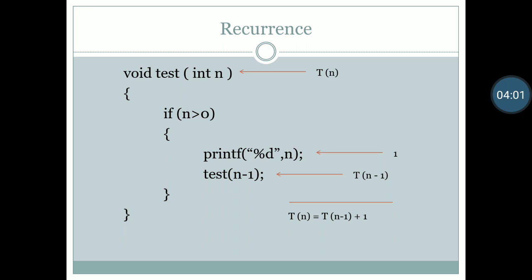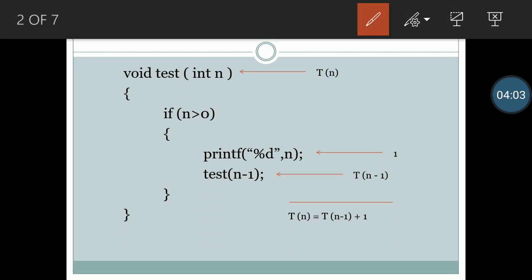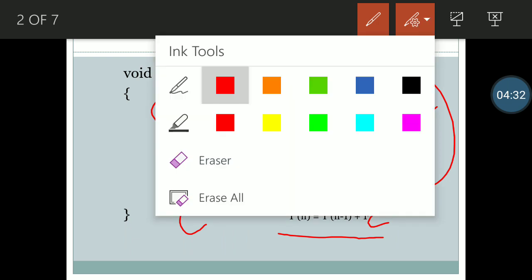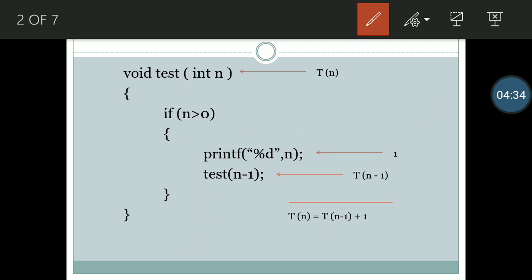Now consider the if condition. Its frequency will be 1, so our equation will be T(n minus 1) + 2. But we all know that 1, 2, 3 are all constants, and for a constant we usually use C. Instead of C, we will use 1 here because it is just a constant cost in this function.